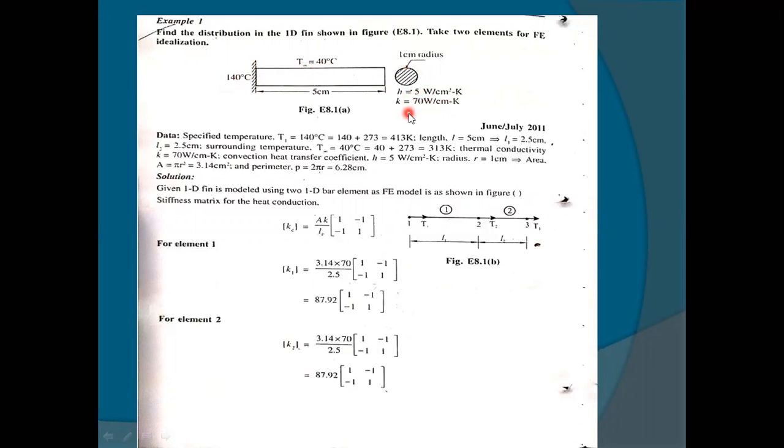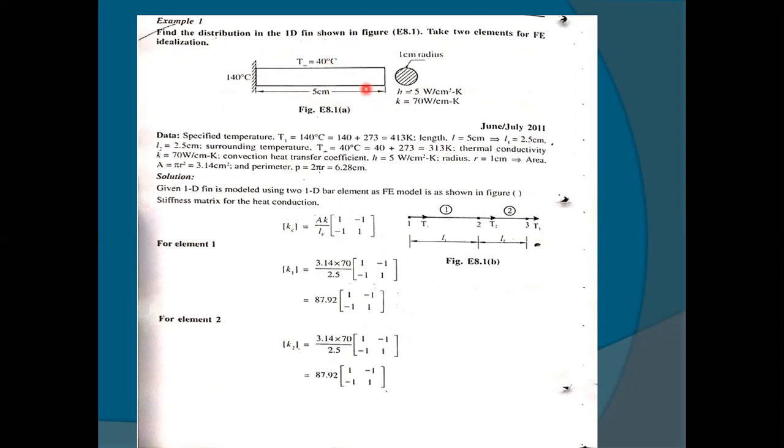The difference between the previous problem and this problem: in the composite wall problem, only one of the ends is subjected to ambient temperature, but in this fin problem, the complete fin is subjected to surrounding or ambient temperature. So now this is the problem.